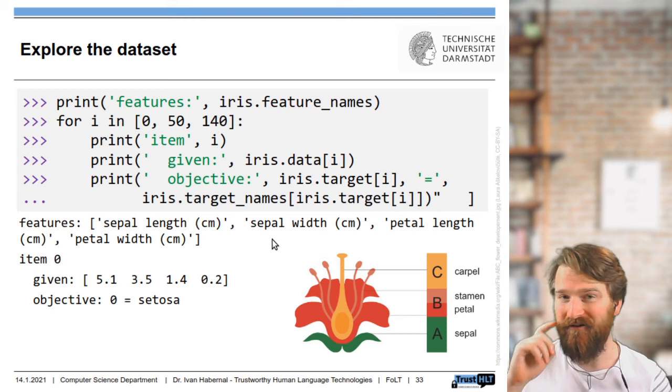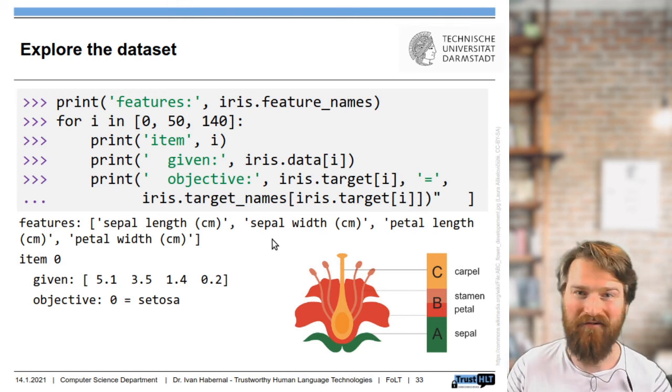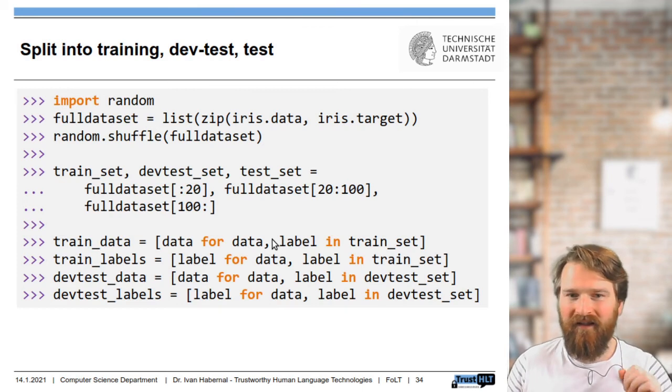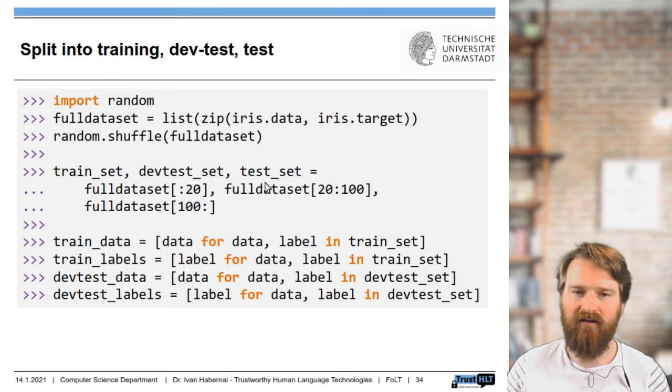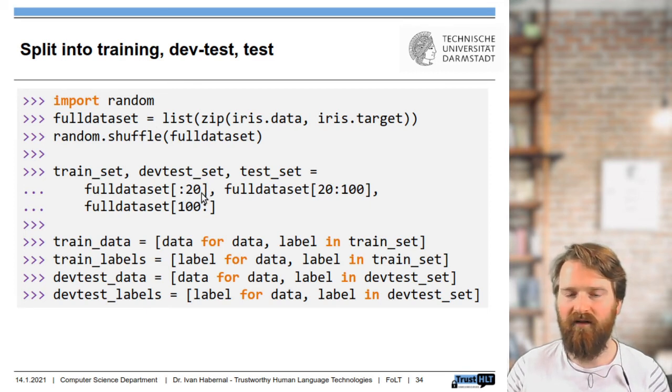We can split the data set into train, dev, and test. It's also possible, but not recommended if you do any serious data science thing, to do it basically by indexing the full data set by percentage. So the first 20 as train, then dev, test, and so on.